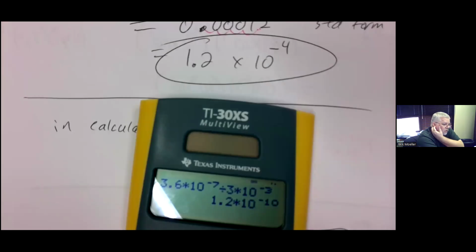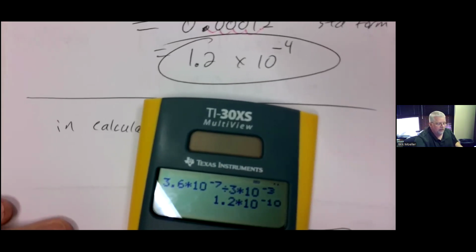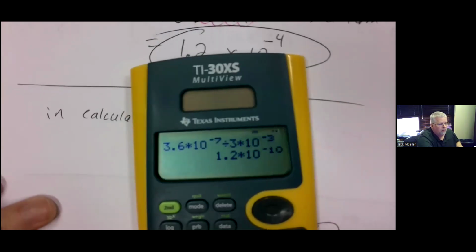So why are we getting completely different answers? The answer comes back to order of operations. If you look at what's typed in the calculator, we have 3.6 times 10 to the -7 divided by 3 times 10 to the -3.